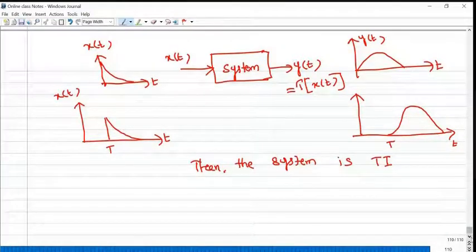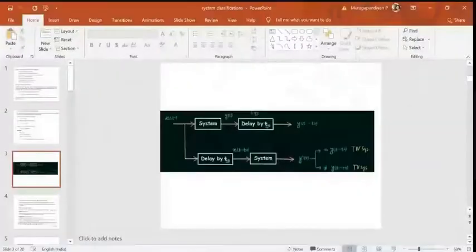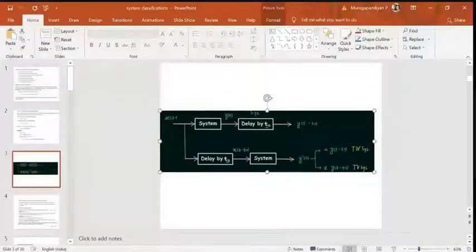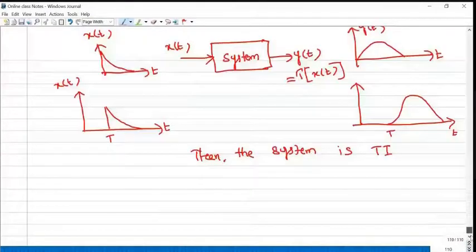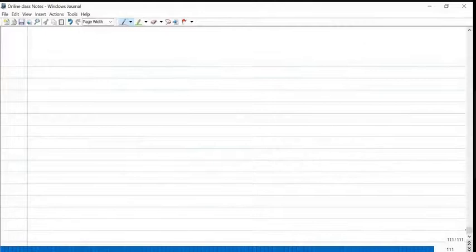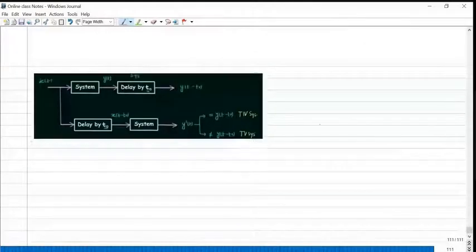But how to proceed with the problem using this concept? Because for linear, non-linear, I have told one simple technique like this.